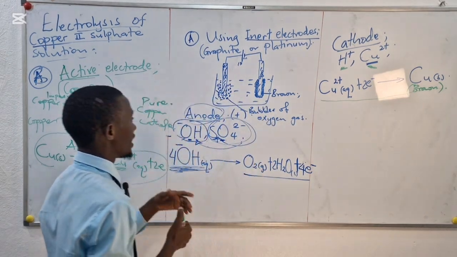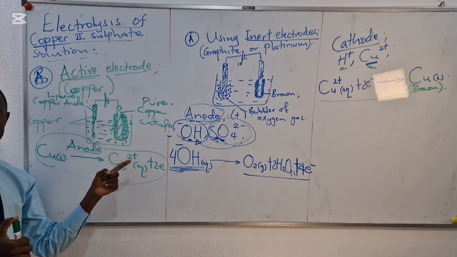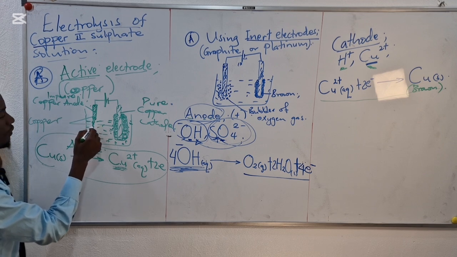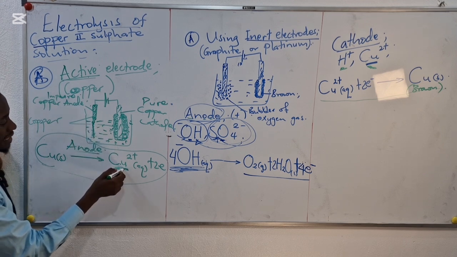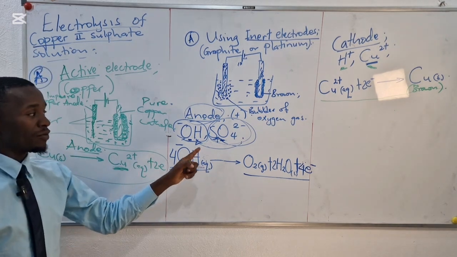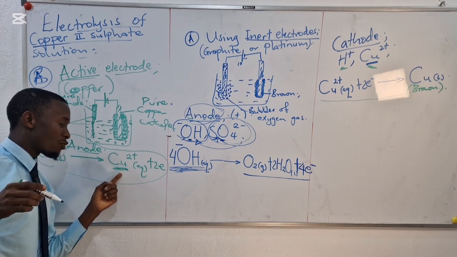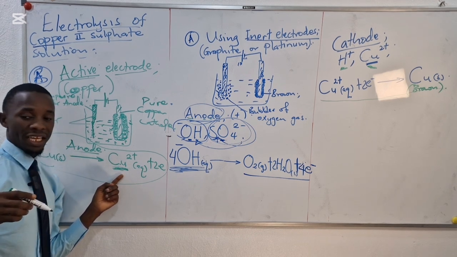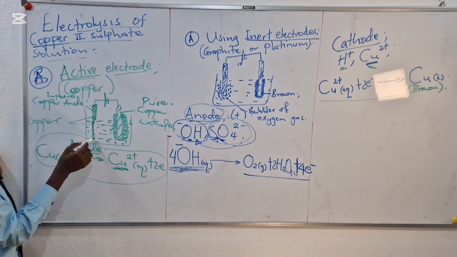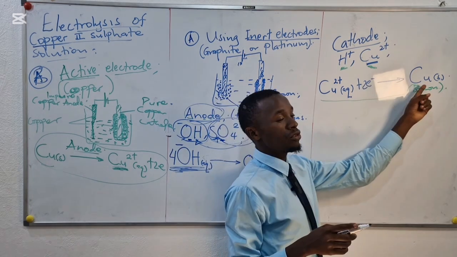But also, the second factor is the concentration of ions. As the anode is dissolving, forming copper 2 ions, it is contributing to the already available copper 2 ions from the copper 2 sulfate. So we are also increasing the number of copper 2 ions in the electrolyte as a result of the dissolving of the anode. So here copper is discharged based on two factors.